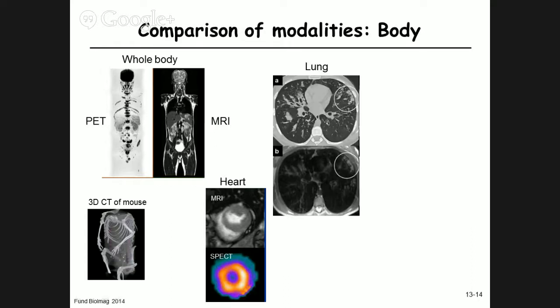Okay. Here's two images from the lung. Which one's the CT image? Okay, let me ask you this. Is this a CT image? Show of hands? Nobody? Is this an MRI? Okay, so those who didn't raise their hands, what is it? How could you tell it's a CT image or an MRI image?